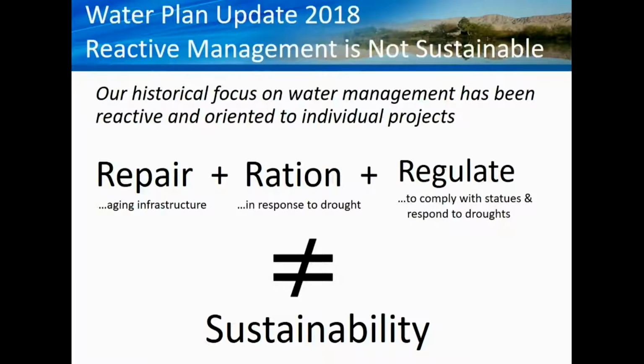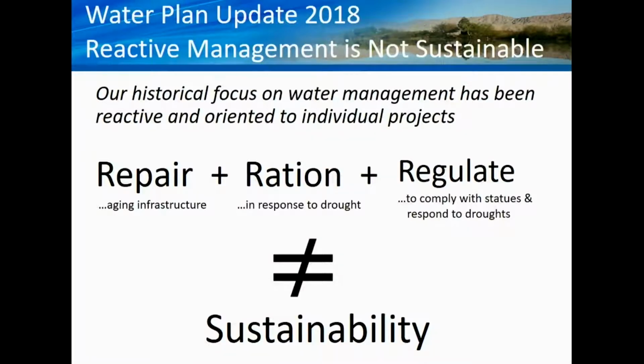One thing that we found in going into 2018 is that we've been doing a lot of reactive management in the past, and so this is the one formula that you're going to see in my presentation. You've probably been seeing a lot more today, so this is as complicated as it gets for me. I'm not sure I understand it.